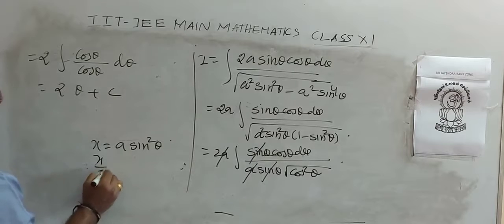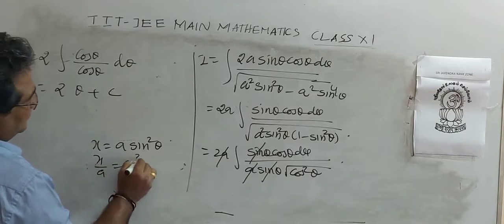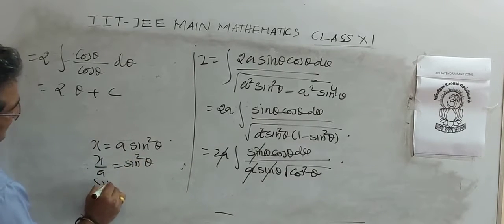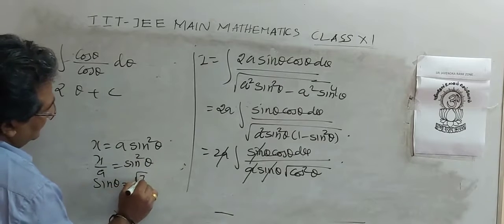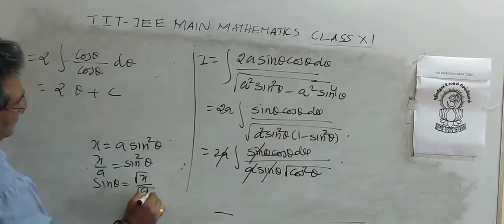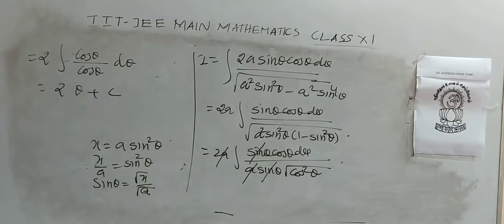X by a equals sin squared theta, so sin theta equals root x by root a.